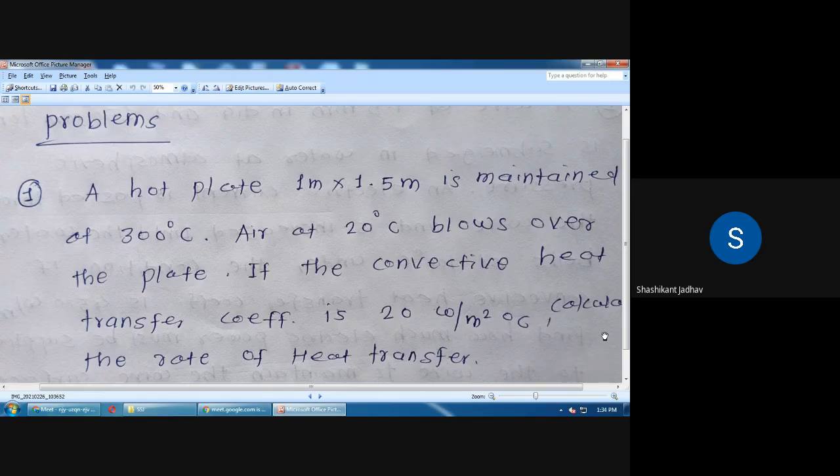Air at 20 degrees Celsius blows over the plate, full stop.